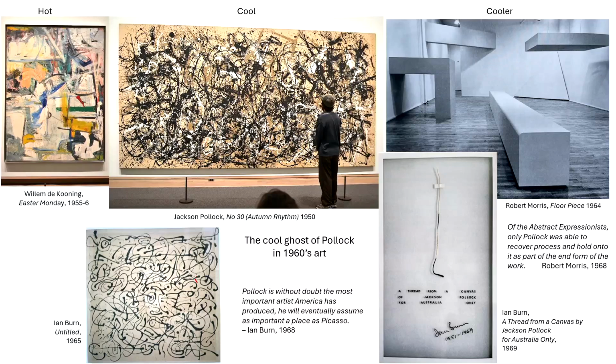His point being, I think, is that Jackson Pollock is important to Australian artists. And I don't think anyone's written on the influence of Pollock on Australian art. We think of him as an American artist, influencing perhaps European artists. Or Robert Morris, saying of the abstract expressionists, only Pollock was able to recover, process and hold on to it as part of the end of the form of the work.